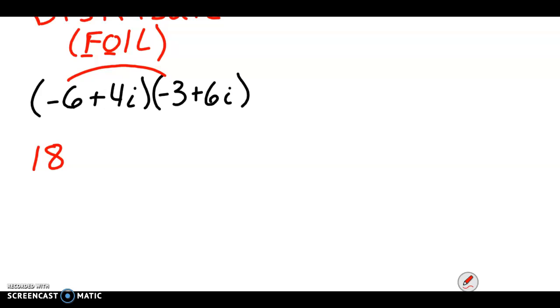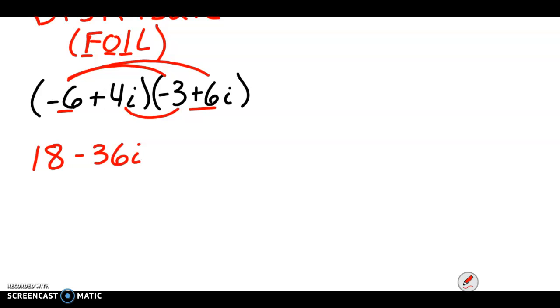That O is outsides, so -6 times a 6i. That's just -6 times positive 6 is -36, and there's just an i attached there. It's -36i. The I in FOIL is for inside, so now you're distributing the second term with both of the terms in the back.